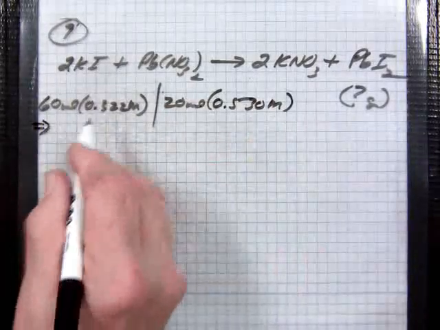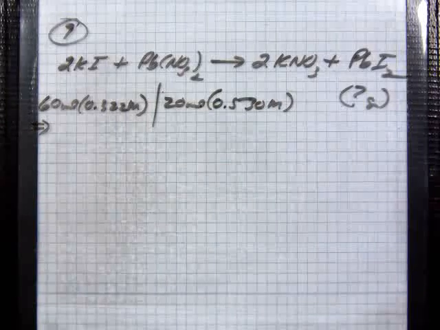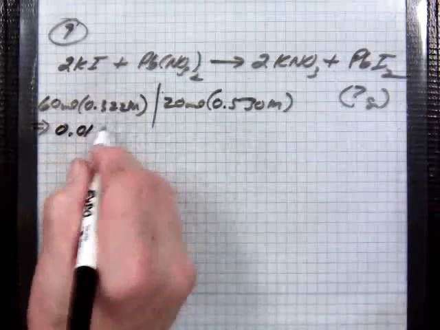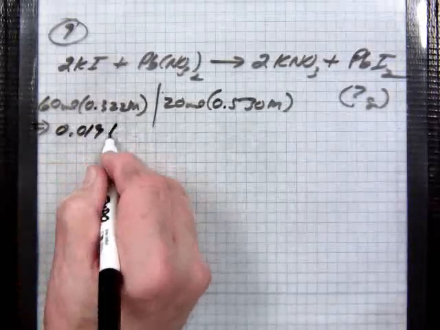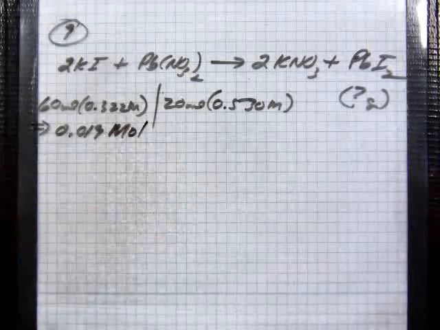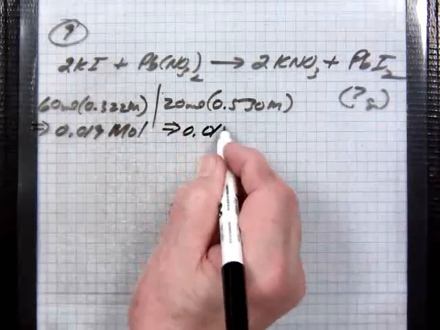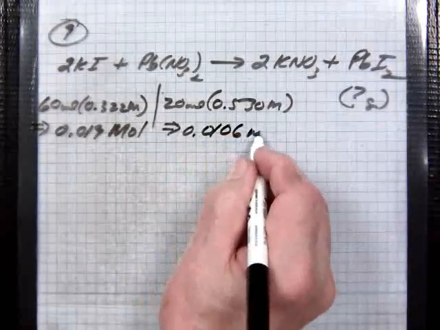And so converting each one to moles, divided by the respective coefficients. 0.019 mole here, and here, 0.02 times 0.53, that's 0.0106 mole.